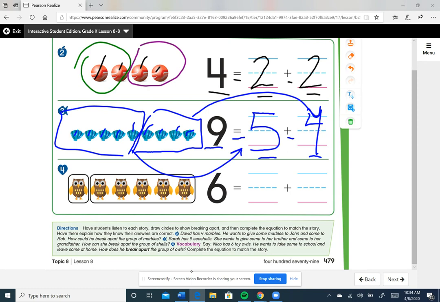And here they already made our groups for us of owls. In the first group, how many owls do we have? 1. In the second group, we have 1, 2, 3, 4, 5. 6 equals 1 plus 5.